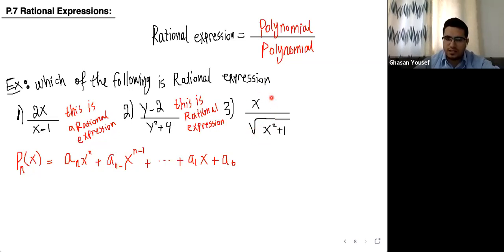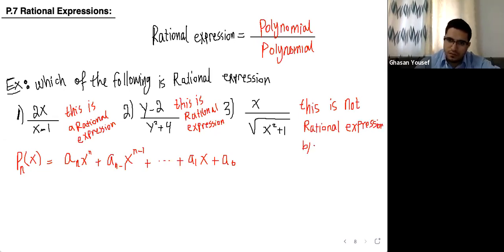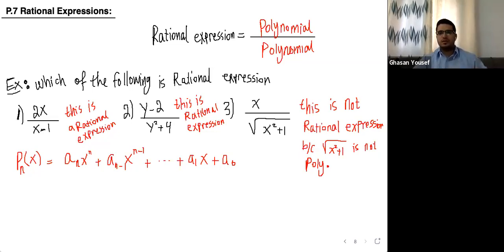So actually, this whole fraction is not a rational expression, because the square root of x squared plus 1 is not a polynomial.